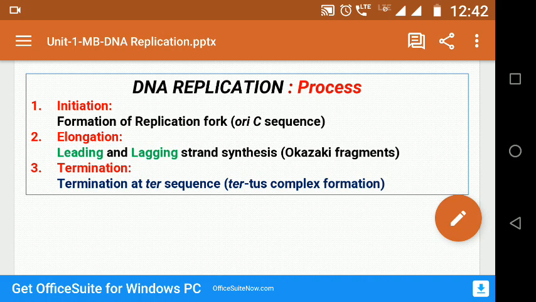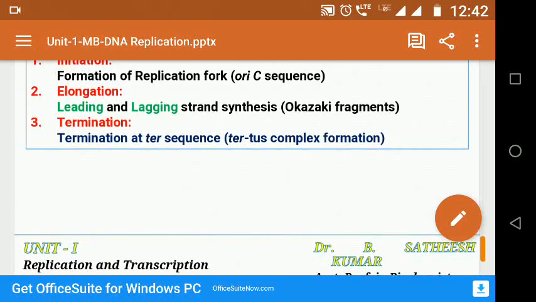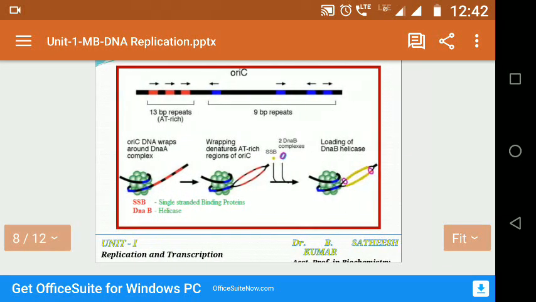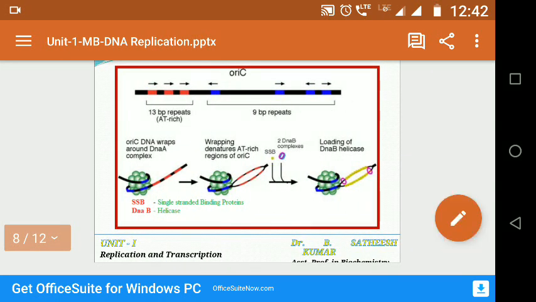At the termination site, every protein assembly will dissociate, and that marks the finishing of the DNA replication process. Once termination takes place, two DNA molecules will be formed from one parent DNA molecule. So these are the three processes that we are going to discuss in detail.